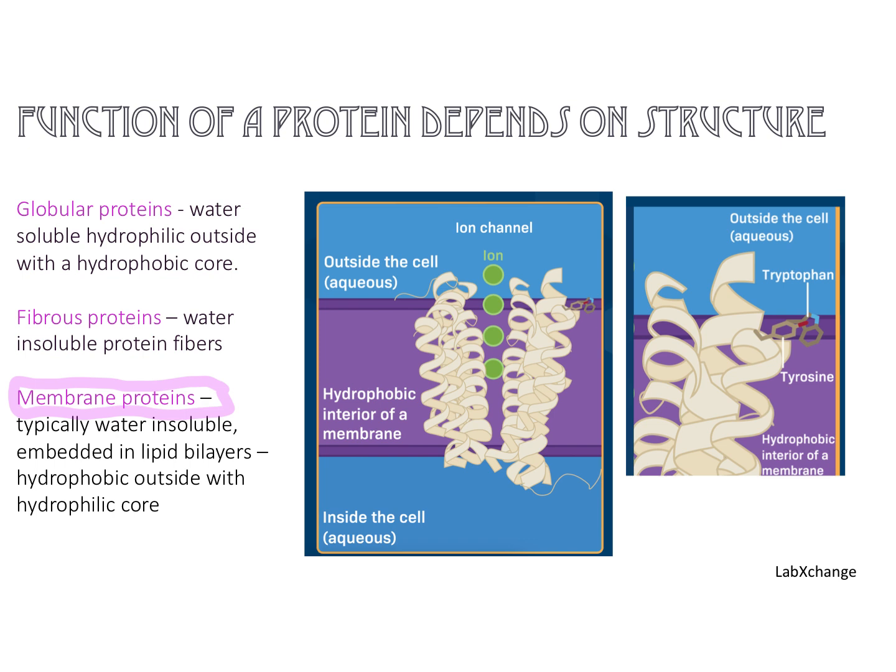The membrane proteins, if they're associated inside of a membrane, like this structure here, they would be relatively water insoluble. And they're hydrophobic on the outside with a hydrophilic core, so kind of like the invert of a globular protein.